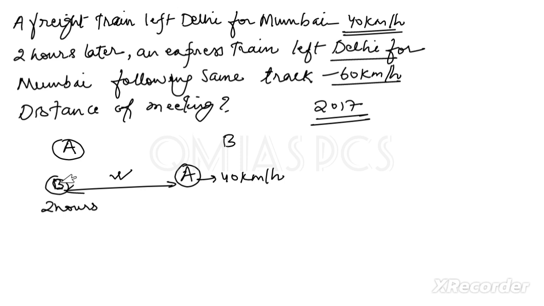Then this train starts at a speed of 60 kilometer per hour. Obviously this is the larger speed compared to this one, so it will overtake after some time. We have to find after how much distance the faster train overtakes the slower one.